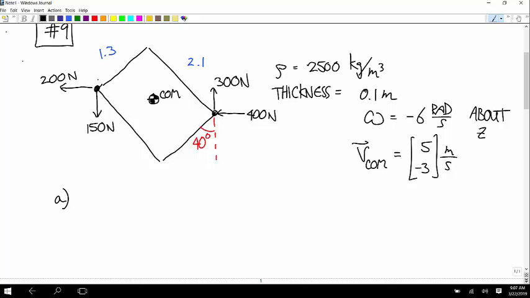This is the point A, this is the point C, and this is the point B. So those three vertices. We want to calculate the velocity vector at A, the velocity at C, and the acceleration at B.